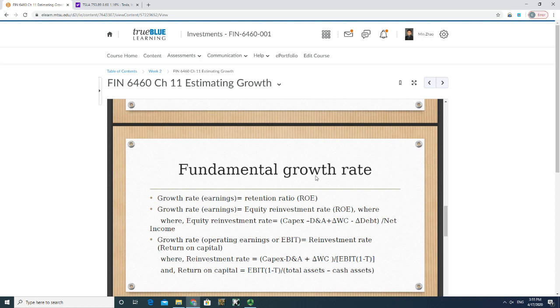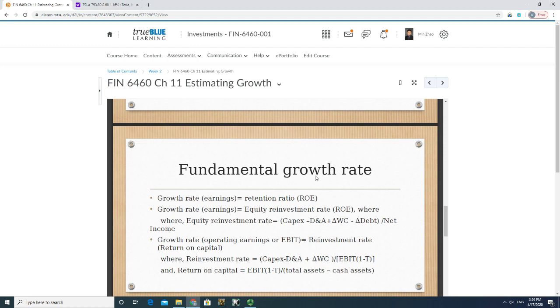So here you calculate the investment rate based on operating earnings, not based on earnings. And then times return on capital. What is capital? Well, capital equals equity plus long-term debt. And here, investment rate equals capex minus D&A plus change in working capital.